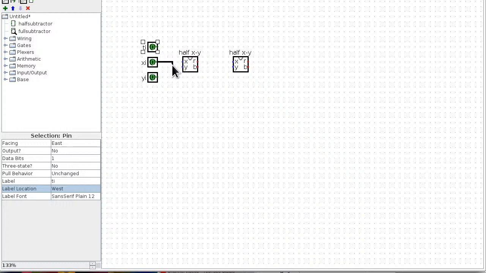Okay, so this is Ti, and just like with a full adder, we hook up X and Y into the first half subtractor as themselves. So the result of this, which we know as Q, goes to X over here, and then the Ti goes to the Y of the other half subtractor, like so.